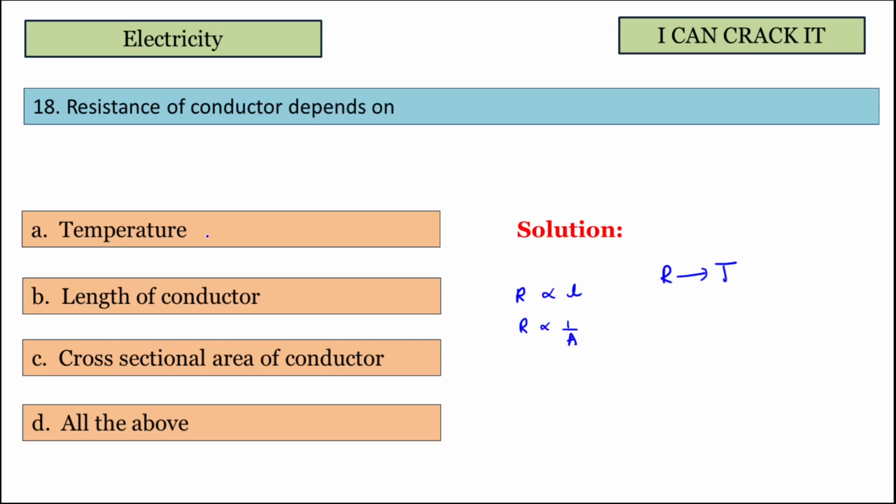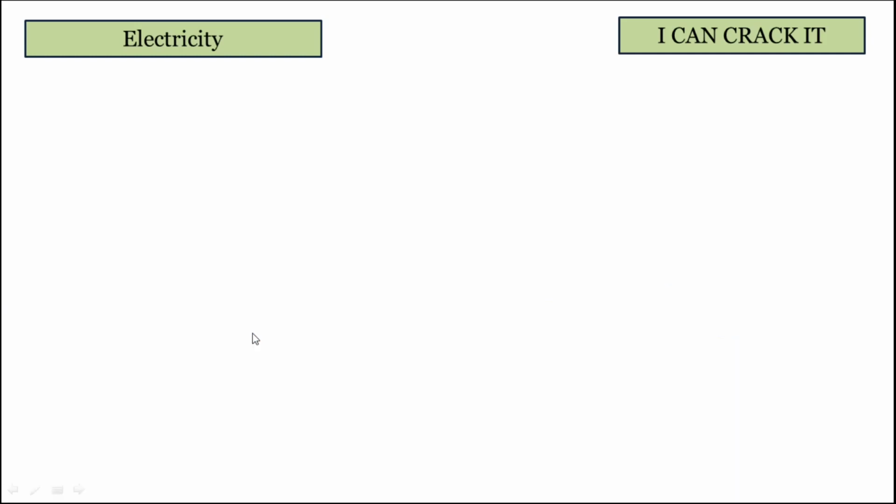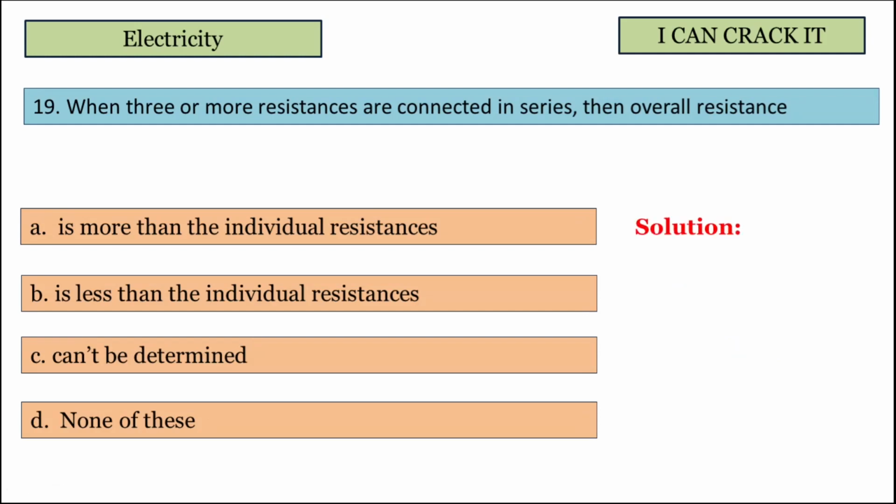Also resistance depends on the nature of the material. So it depends on all these four factors. Here they have given three factors, and the fourth option is all the above. So which has to be correct? Option D, all the above. Right. Let's see the 19th question.